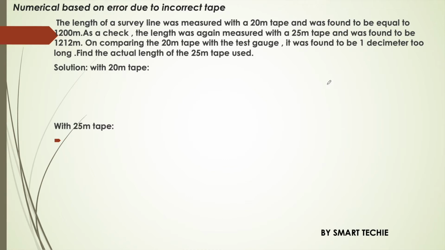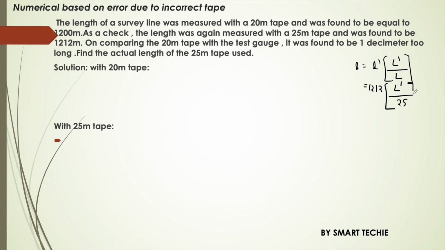So to find the actual length, we have the equation L is equal to L dash upon L into the true length. Here we have a measured length with the 25 meter tape. L dash is what we need to find, that is the actual length of the tape, and L is the designated length of the tape.